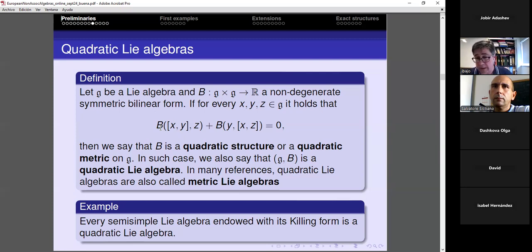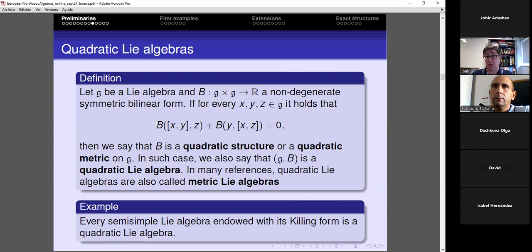We will call them like that because we are following the ideas of Alberto Medina. But there are some other names for these Lie algebras: some authors call them metric Lie algebras or metrized Lie algebras. Well, actually, the first example of a quadratic Lie algebra is semi-simple Lie algebras with their Killing form, which are obviously quadratic.